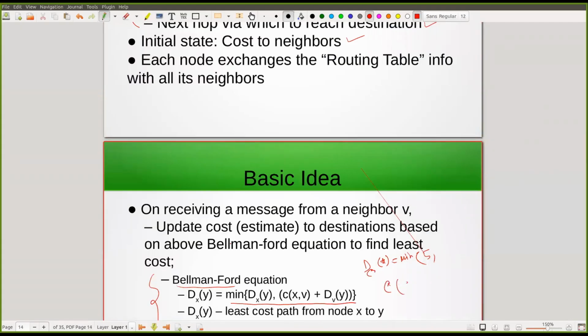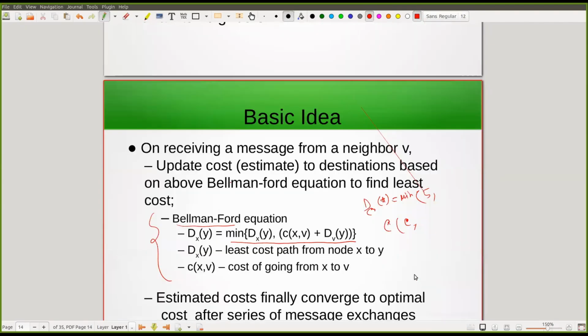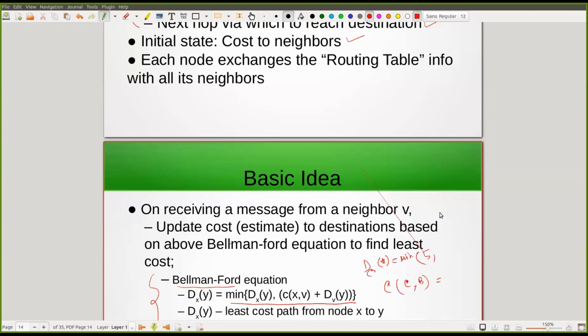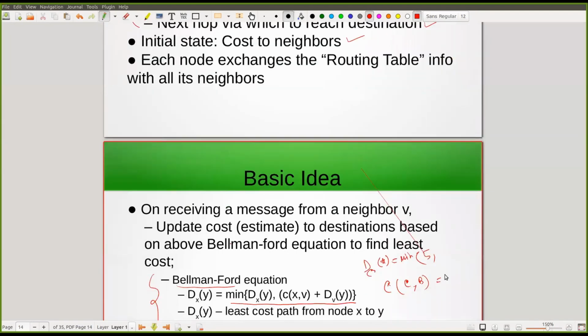Who is x? C. Who is B in this case? B. Then what is the cost of going from C to B? Cost of going from C to B is 3. Then d_B(y), where y is A.